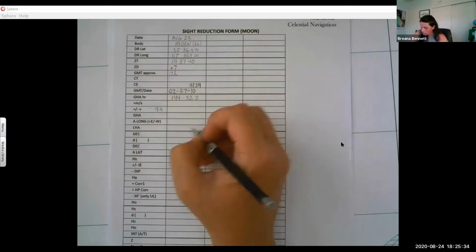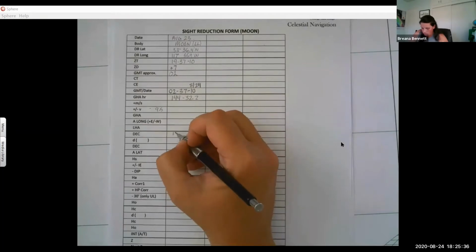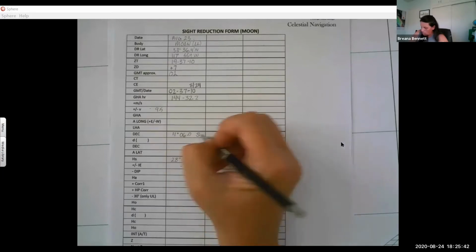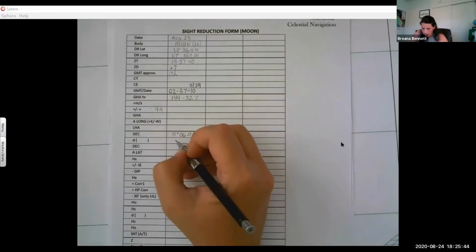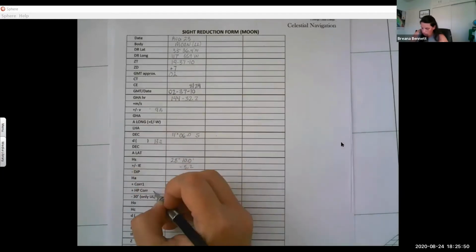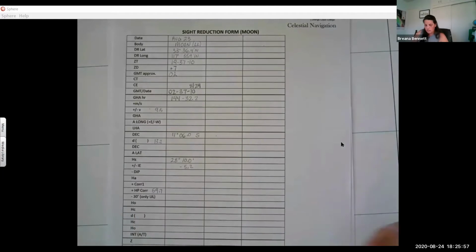My declination was 11 degrees 06.0 south. My little d is 13.2. And then my HP was 59.7. So I just copied that information in.